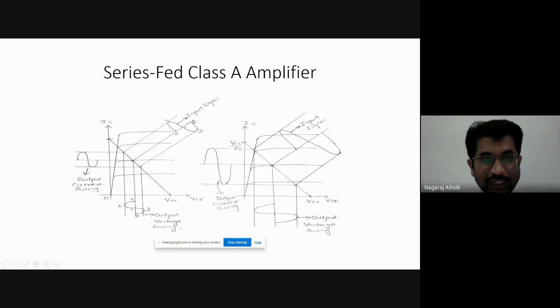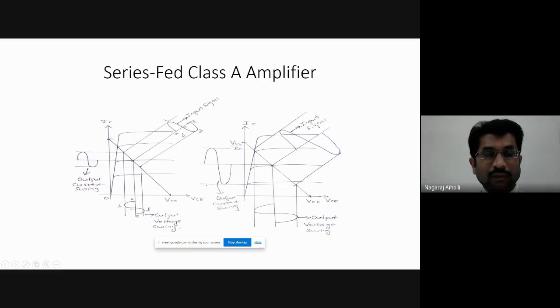And this is point E, which is in the middle line, so I am marking it here. So this will give me the output voltage swing. Whatever input signal I am applying, from that input signal I am drawing the output current IC and the output voltage VCE.